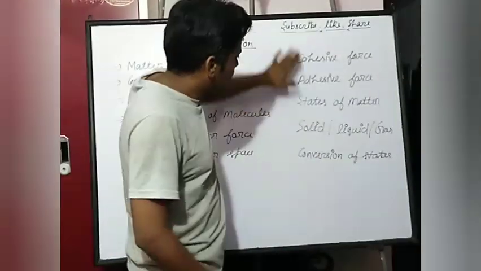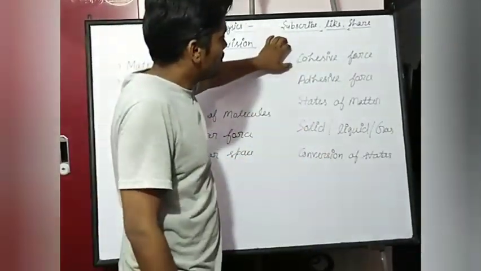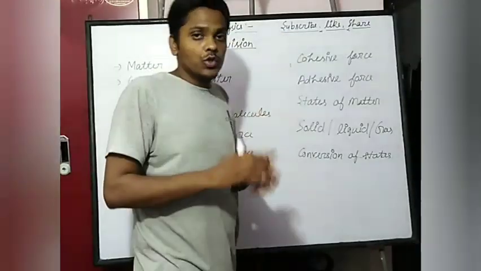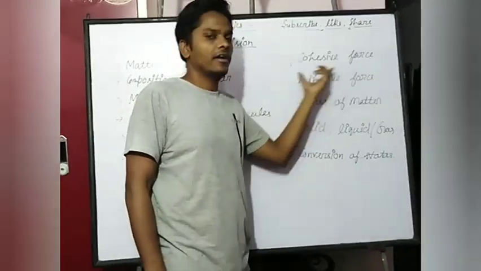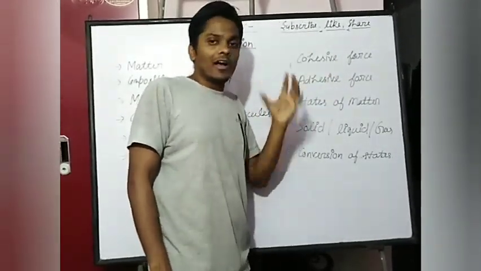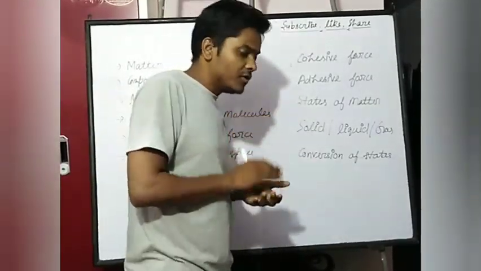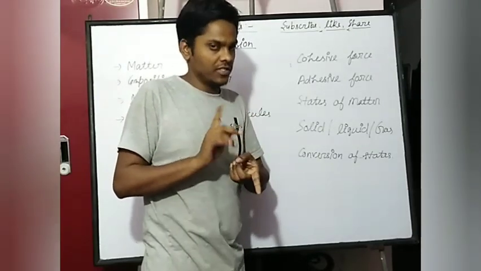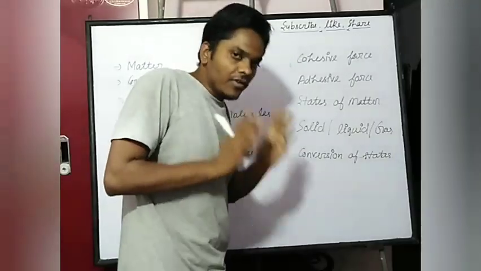What is the difference between cohesive and adhesive? Cohesive force always applies between same surfaces, but adhesive force is a kind of attraction force which applies between two different surfaces. This one is for the same surface, this one is for different surfaces.